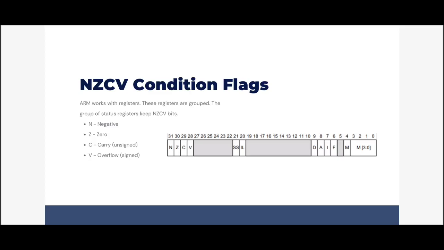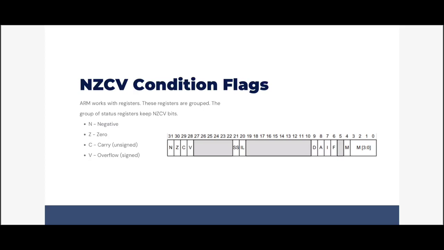And ARM architecture works with registers. These registers are grouped for different purposes, but we are interested in the group of status registers in this case because it keeps NZCV flags or NZCV bits.